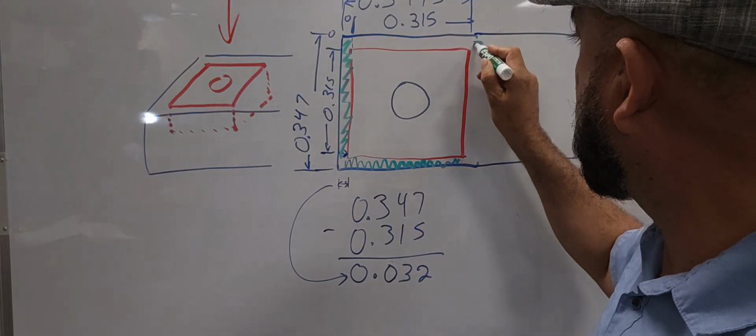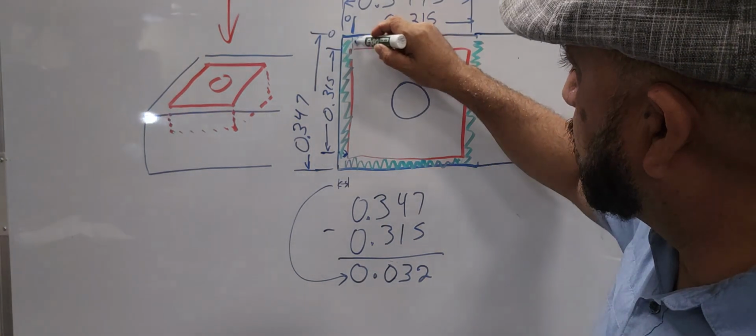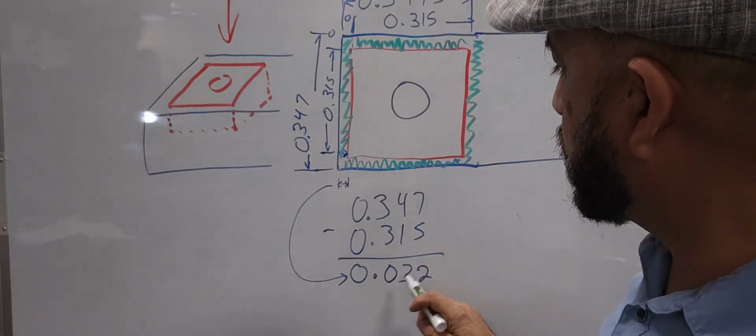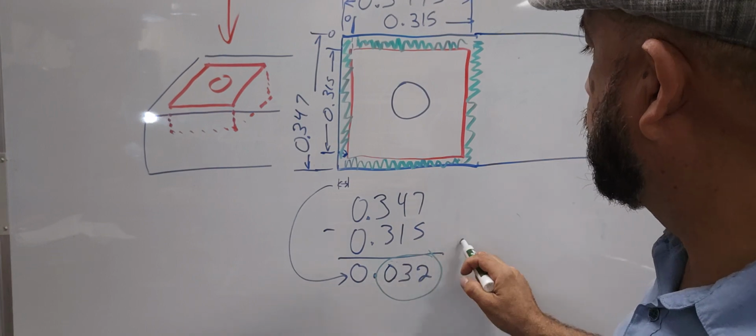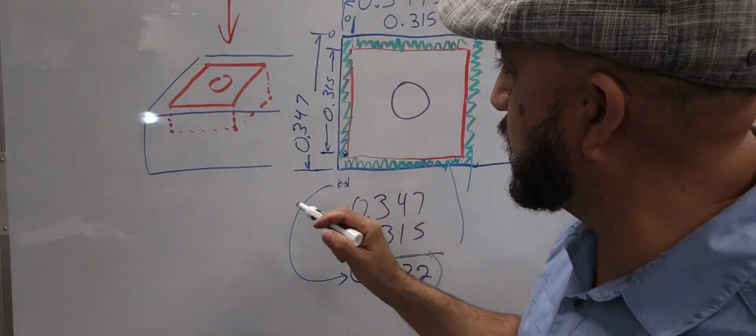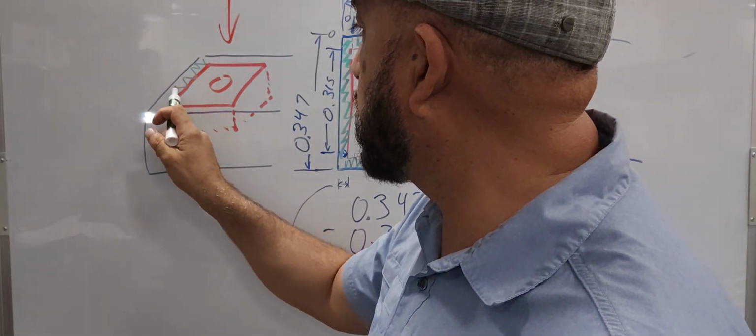There's going to be another one right here. To go deep into that pocket, that's 32 thousandths. Hold on. That's on all the other side. That's the same as here. This edge, this edge.